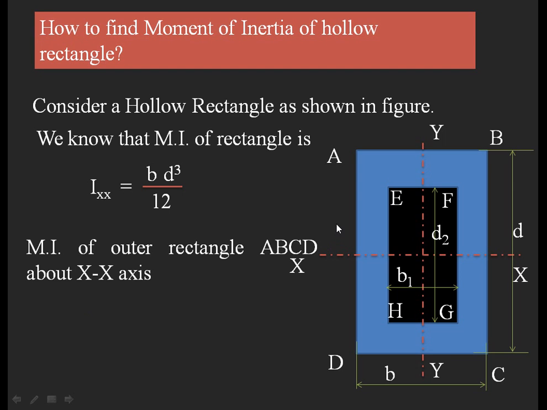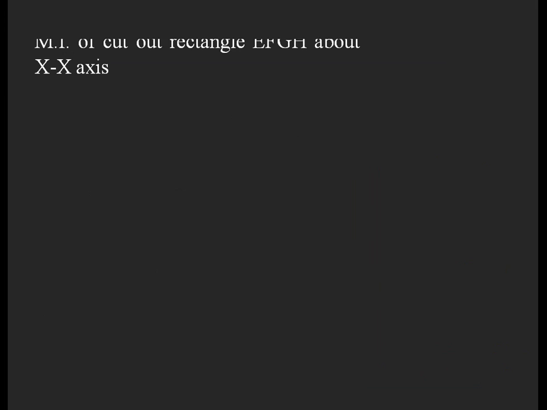Next I would like to write the moment of inertia of the outer rectangle ABCD. For finding the moment of inertia for this entire shape, first we need to write the moment of inertia for the outer rectangle ABCD about the same axis XX. We have assumed the breadth as B and the depth as D, so as in the formula, Ixx is equal to BD cubed by 12. Now again we write the moment of inertia of the cutout rectangle, that is the hollow shape.